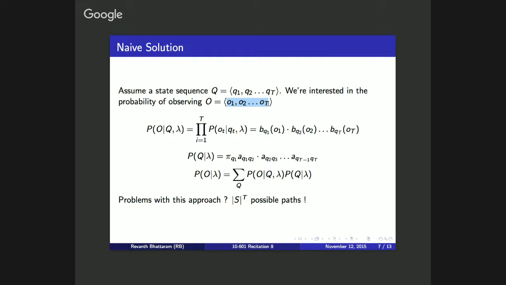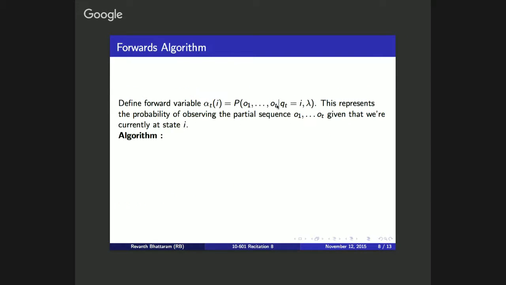So let's just look at small t steps at a time. So the probability of O1 to OT given QT equals i. Essentially this means that, okay, all I know right now is that I am currently at time t, I'm at state i. What is the probability that I would have observed O1, O2, and so on up to OT, which is what we're looking for over here.